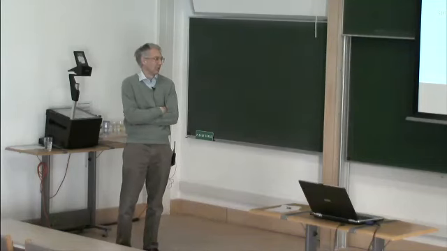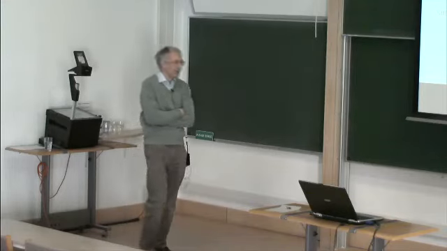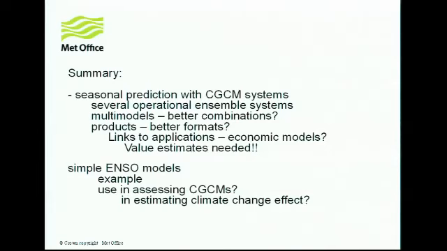And maybe there's some role as well in trying to understand, in a readily understandable way, and hopefully also the correct way, how these various changes that are postulated under climate change might be affecting the behaviour of ENSO in the future.